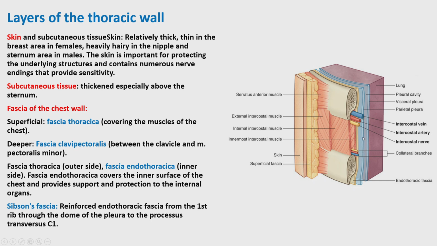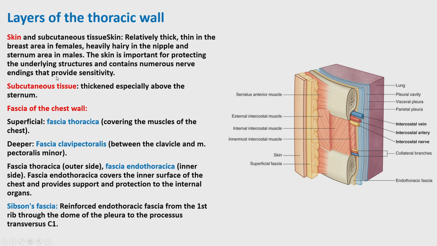And there is one fascia called Sibson's fascia. It is the reinforcement of this endothoracic fascia at the region of the apex of the lung, going from the first rib through the cupula to the transverse process of C7.